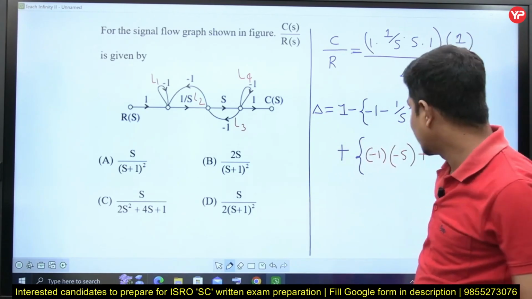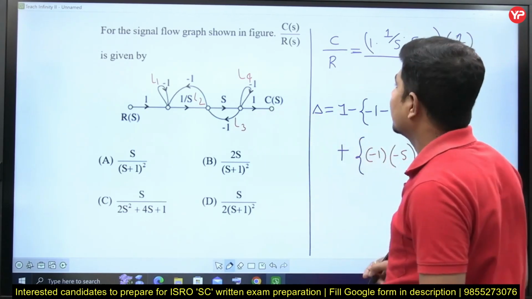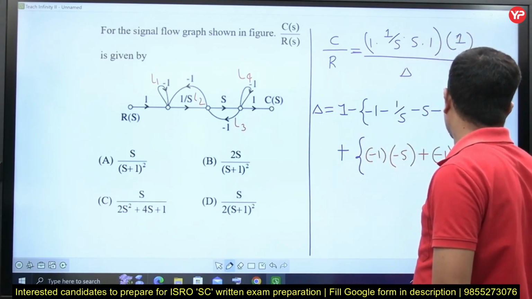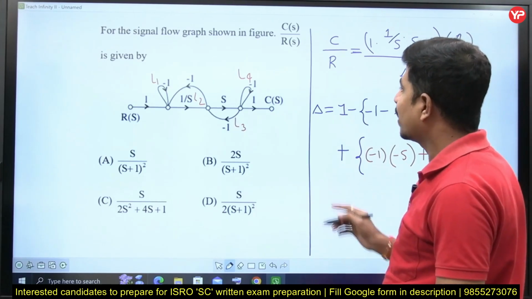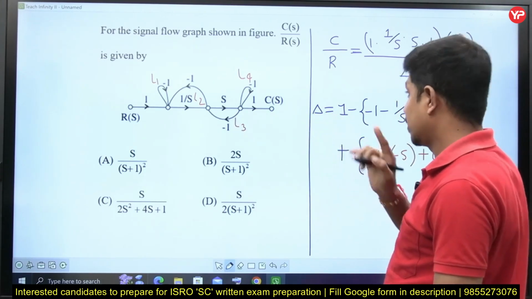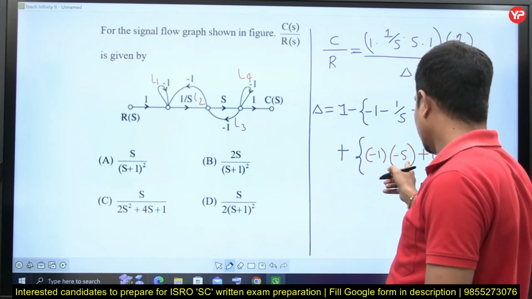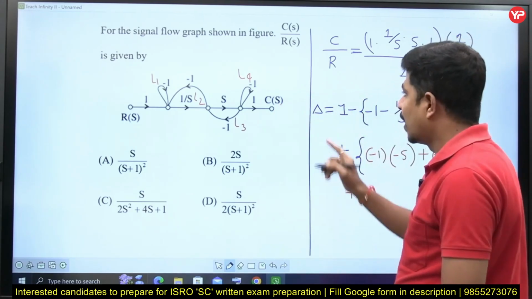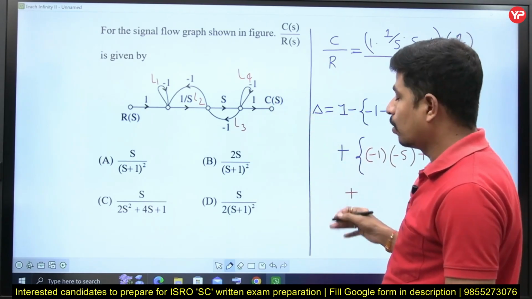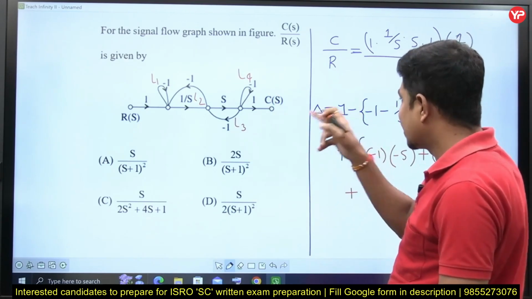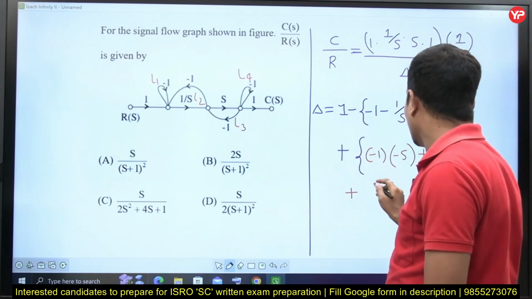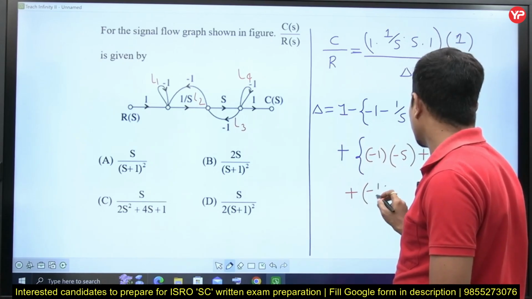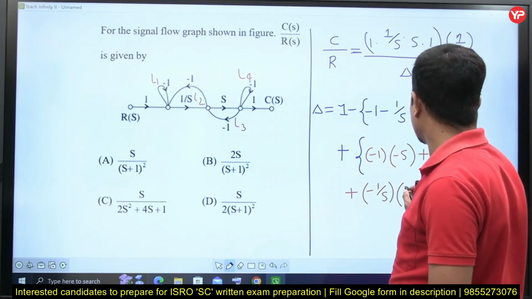Then that will complete, right? L1 with L3 plus L1 with L4, minus 1 into minus 1. L1 is done. L1 with L2 is touching. L1 with L3 and L1 with L4 are non-touching, we have taken them. Then start with L2. L2 with L1 is touching, L2 with L3 is touching, but L2 with L4 forms one pair. L2 is minus 1 by S and L4 is minus 1.